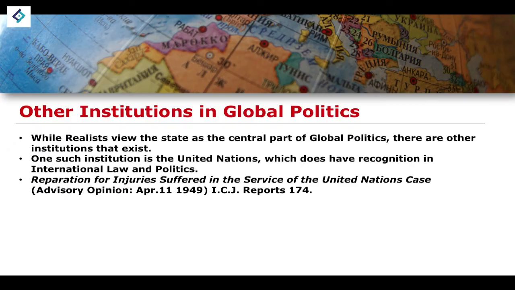Another kind of case, and as is the case here, what we have is known as the advisory jurisdiction, or the concept of the advisory opinion. Now, what the advisory opinion is, is where another institution of the United Nations, most of the time the General Assembly, will actually ask the ICJ for a legal opinion on some particular issue.